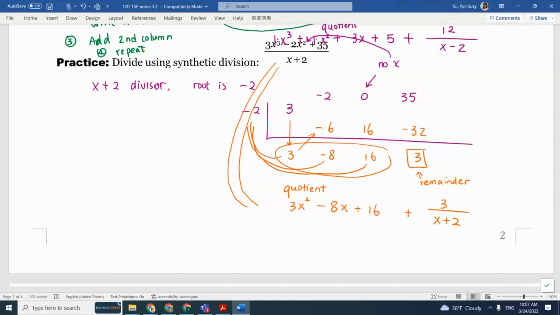And then you move the first number down, multiply, put it in the next column, add them. And multiply by the root, put it in the next column, add them. So repeat this process until you get to the end. Any questions about synthetic division?